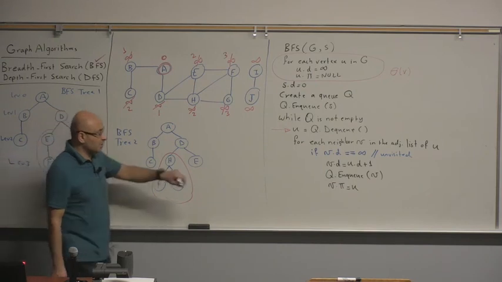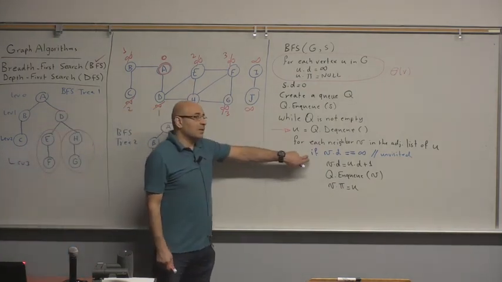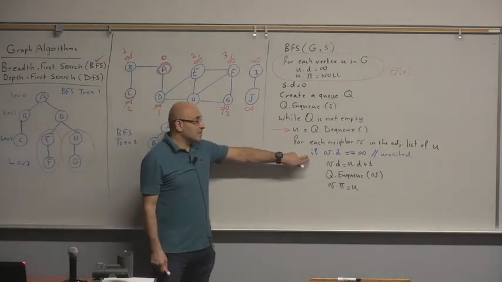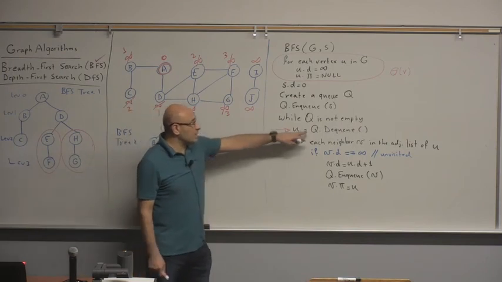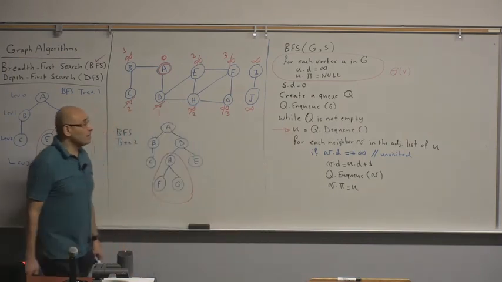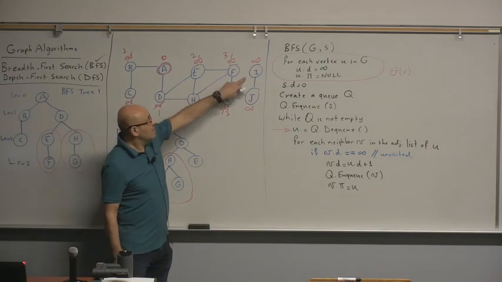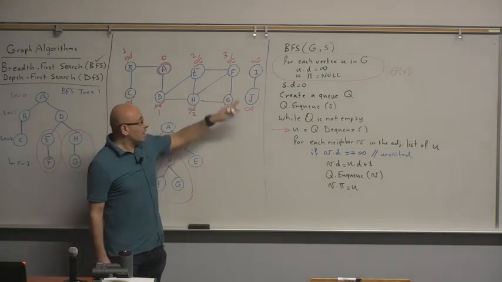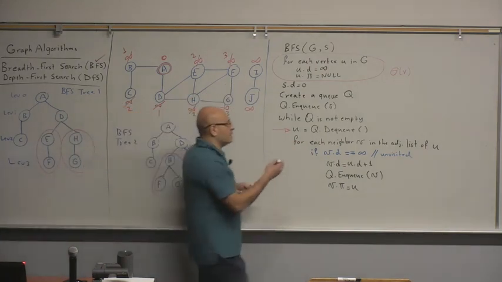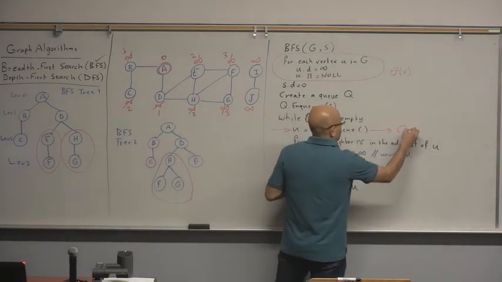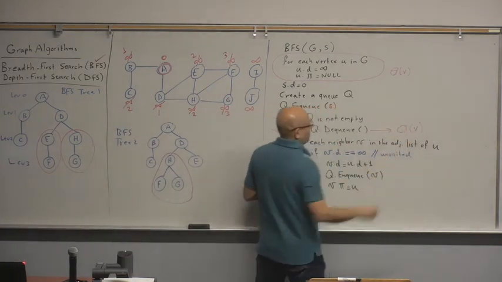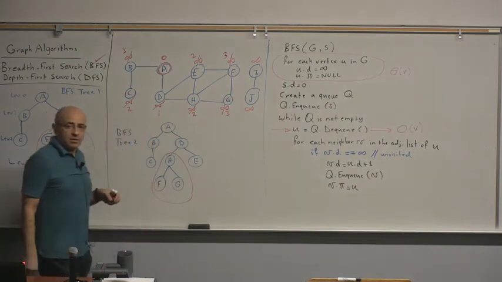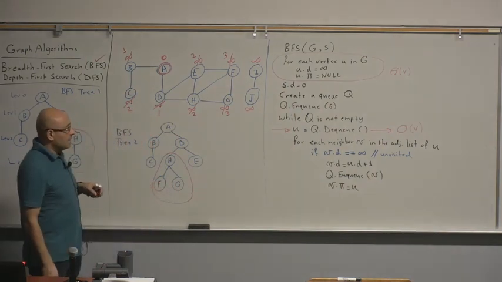No, it cannot, because we NQ it once and DQ it once. So at most once, but it could be 0 times, because the unreachable ones did not get DQ'd. So this is O of V for this line.